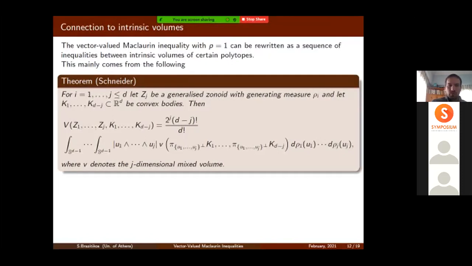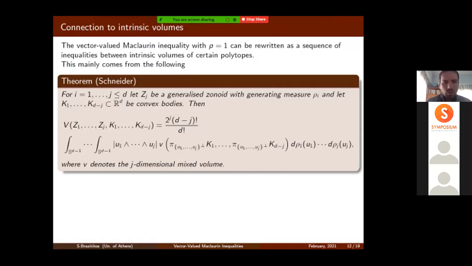So we have some factor here, and then we integrate the wedge product of j vectors. Here we have the mixed volume of the projections of the convex bodies to the orthogonal complement of the span of u1 up to uj.